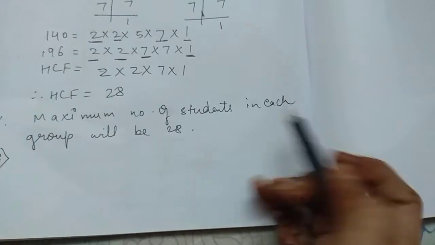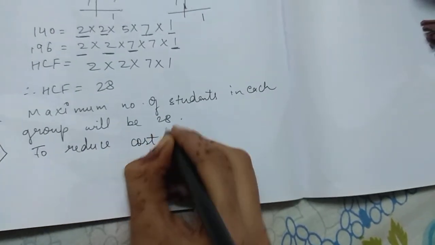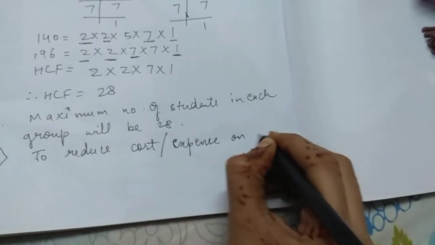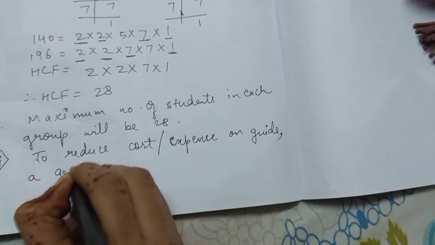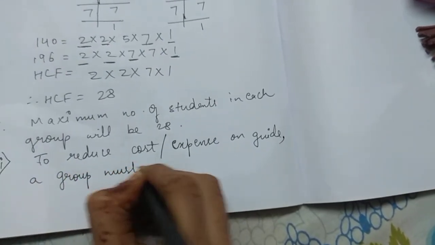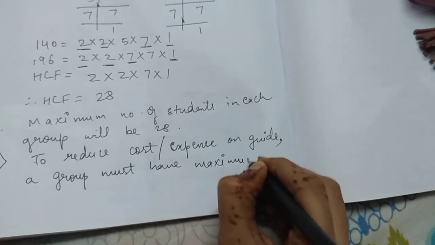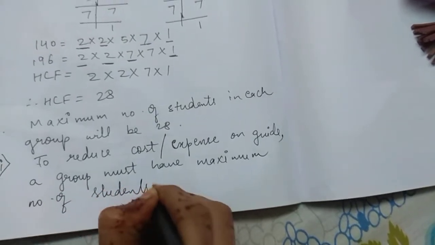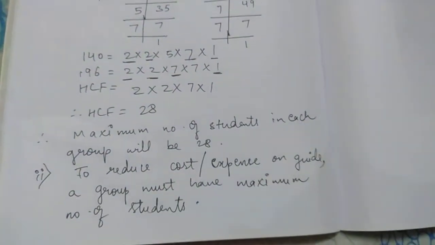Because to reduce the cost on guide, we can write to reduce cost, or we can say expense on guide, a group must have maximum number of students. Okay. So this is sum number 4.